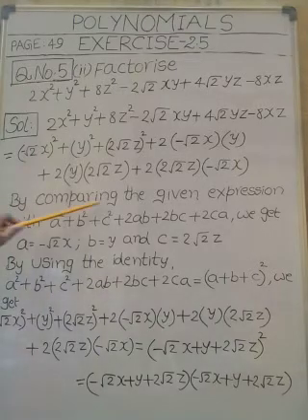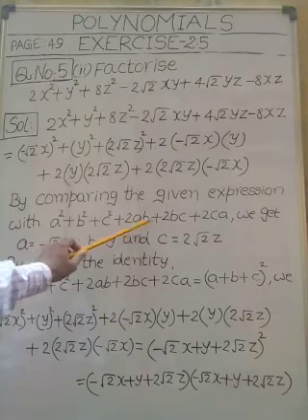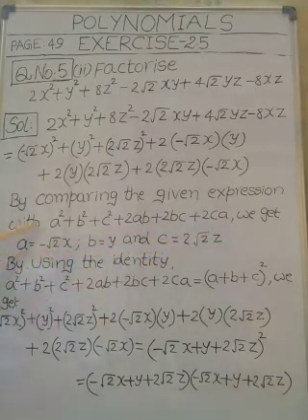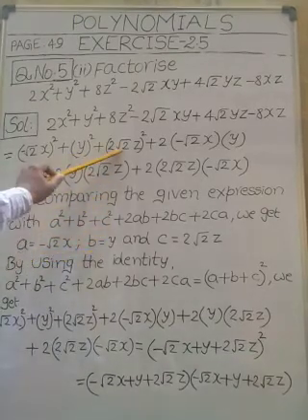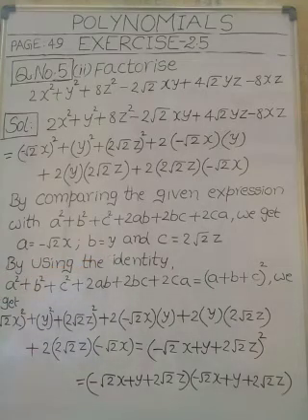Right. Now by comparing the given expression with a square plus b square plus c square plus 2ab plus 2bc plus 2ca, we get a is equal to minus root 2x, b means y, and c means 2 root 2z. Understood this part, my dear children? Right.